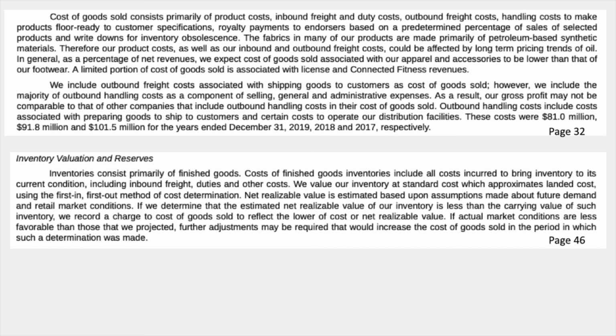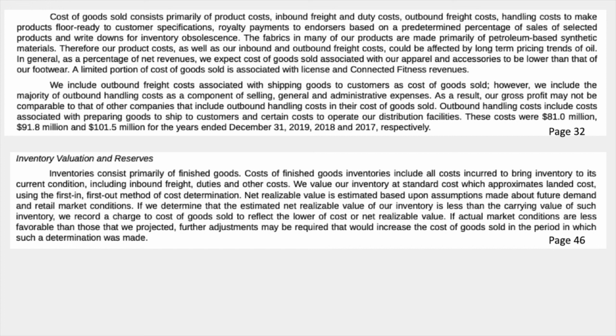So they make that entry that we just went through to record the fact that their items have lost value. If actual market conditions are less favorable than those we projected, further adjustments may be required that would increase the cost of goods sold in the period when such a determination was made.